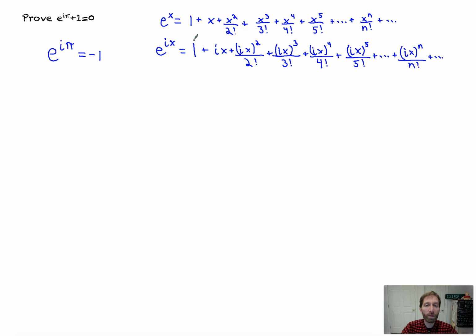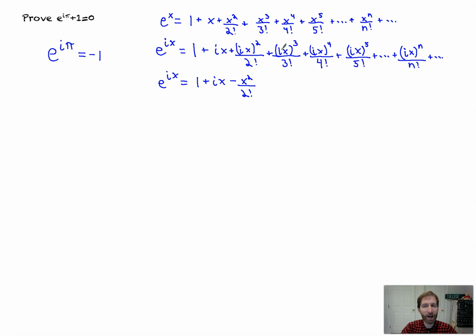Okay, so what's the most important part in all this? I'm going to stop writing that general term from here on out. Check this out. e to the ix then simplifies down to 1 plus ix plus, this is i squared x squared. i squared is -1, so we get minus x squared over 2 factorial.